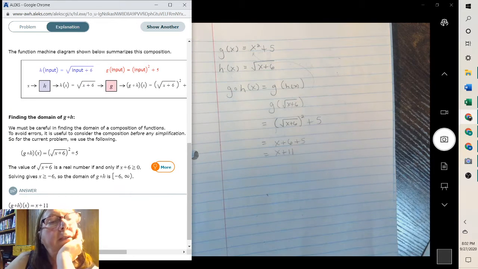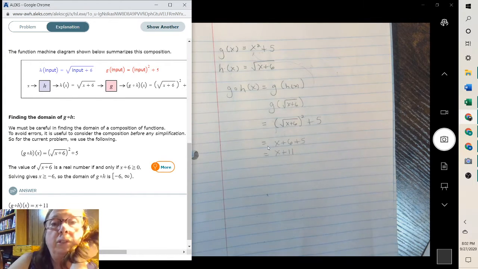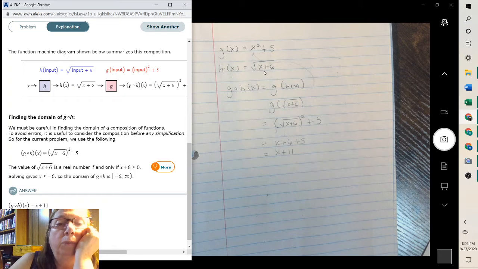Now when you're finding the domain, you don't just look at the end of the function, because we know x plus 11, no fractions, no square roots, it's all real numbers. But you have to remember when we plugged in here, there were values that were omitted. So what you want to do is find the domain of this and then see, once you simplify, if there's any more that needs to be taken out.